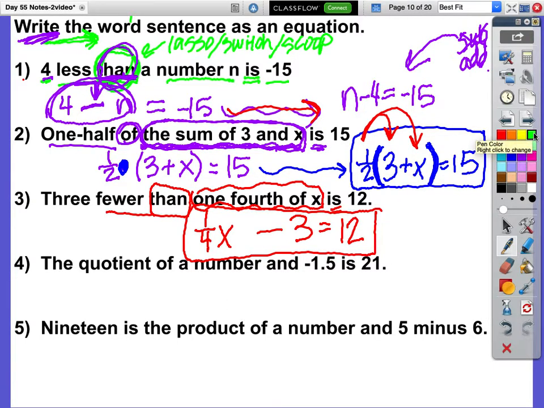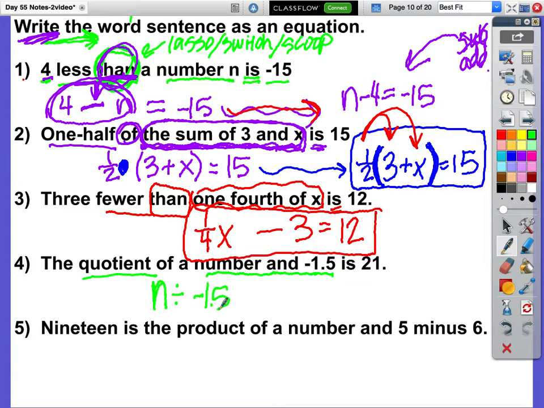Let's go back to green. The quotient means you're about to divide, and we're about to divide a number and -1.5. So there are a couple of ways that we write division in equations. Either one is perfectly fine. So we could say, let's just use n for our variable, n divided by -1.5.